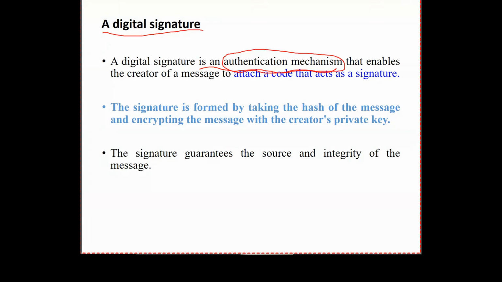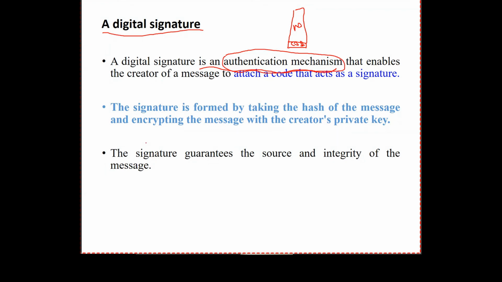It enables the writer of the message to attach a code that acts as a signature. So you write a message, then you attach a code with it. That is your signature actually. That's the digital signature definition in a formal way.